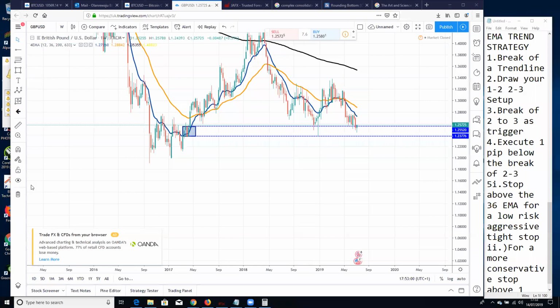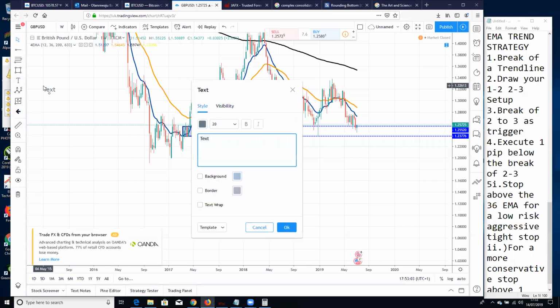Consider this now. So 1 billion sellers at 1.25. Okay.